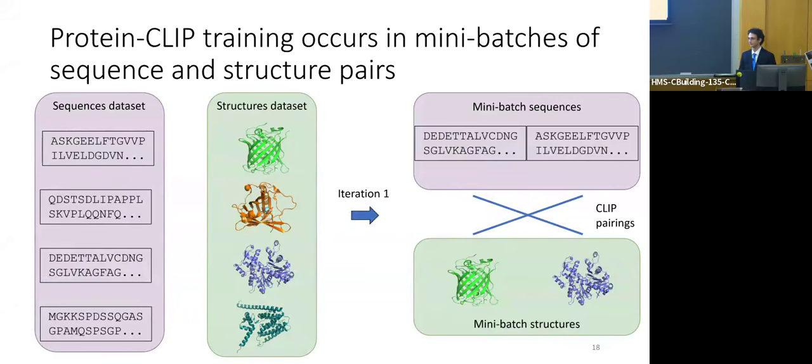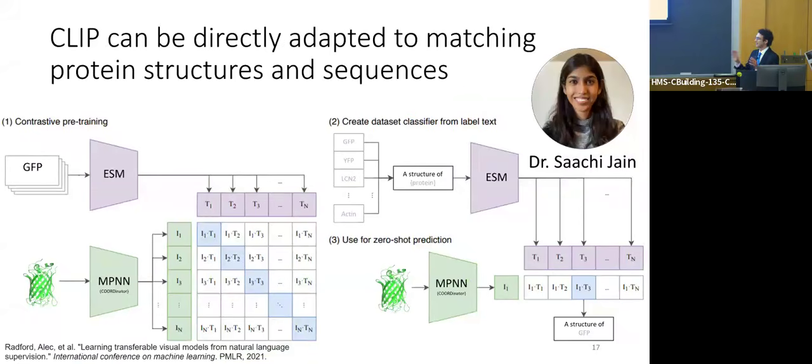What exactly are you fine-tuning ESM to do? Yeah, so we're fine-tuning on this contrastive task where we want the ESM embeddings of a protein to match the coordinate embedding of the structure. I think I'll have another slide that will make this a bit more clear, but ESM initially is just trained as a sequence model, right?